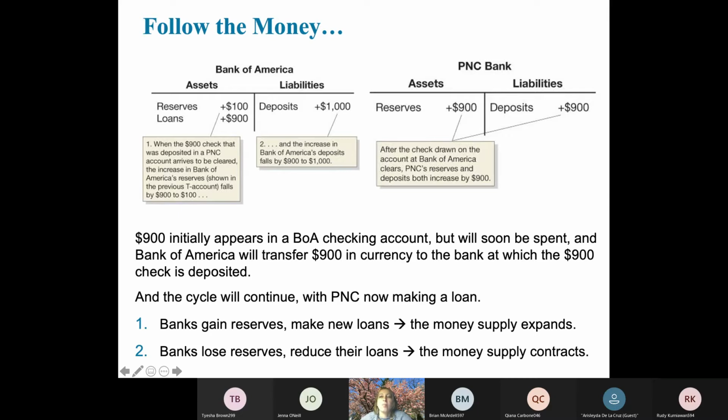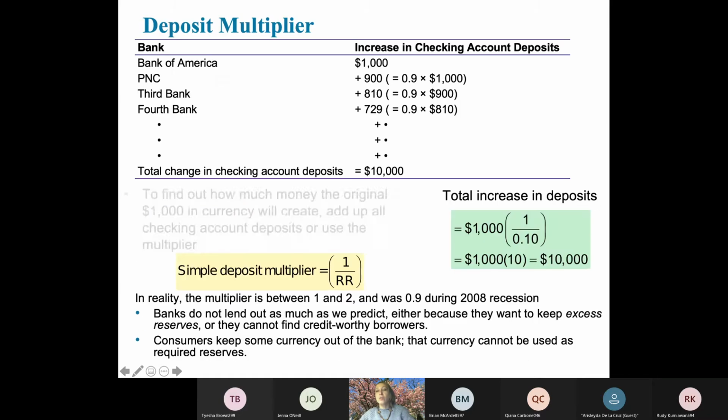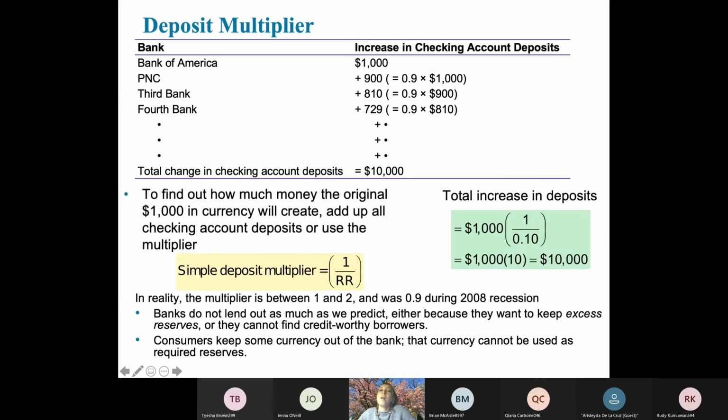And so Brian is borrowing from PNC Bank. So what happens is that they credit his account, and the amount of deposits increases, and the amount of loans outstanding also increases, and the chainsaw store ends up with $810. And then the fourth bank and the fifth bank in this transaction.